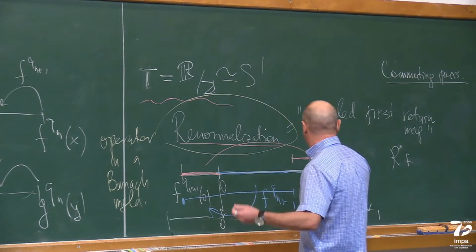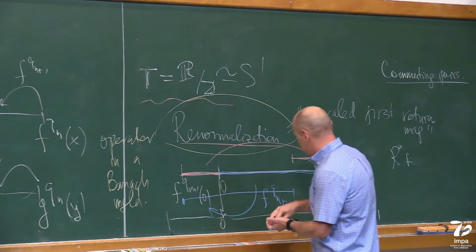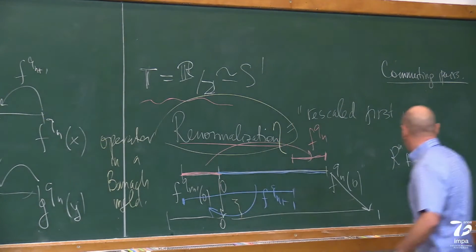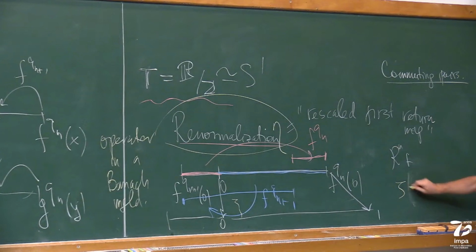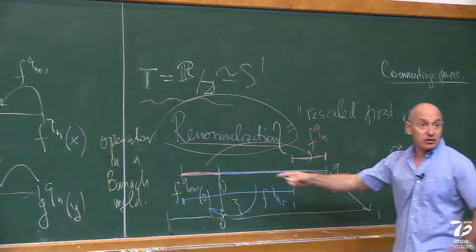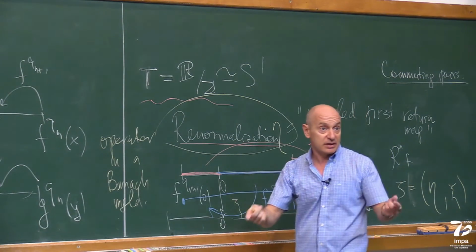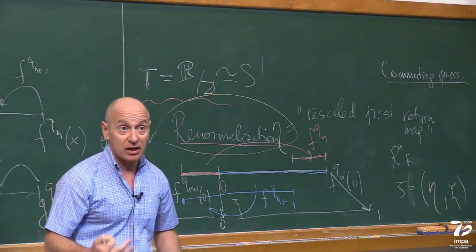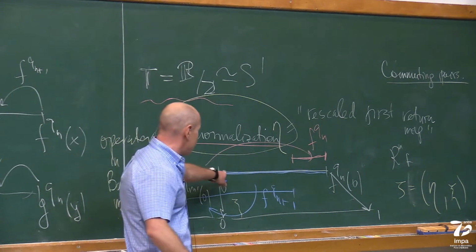I'll call this iterate eta, and this iterate I'll call xi. So you have a pair zeta, which is eta, xi, which is like a circle map because you could use eta to glue the ends, and then xi projects down to a well-defined thing. But to say that, you need the two to commute at this point.